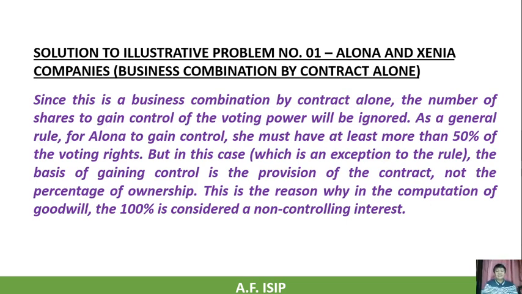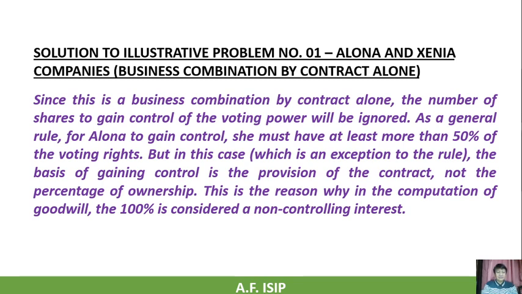This means Alona has no control when we are talking of the total number of shares. We cannot say that Alona has more than 50% of the shares of stocks of Xenia. It is by mere contract. This is the meaning of this business combination.